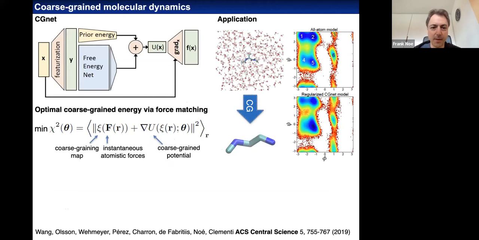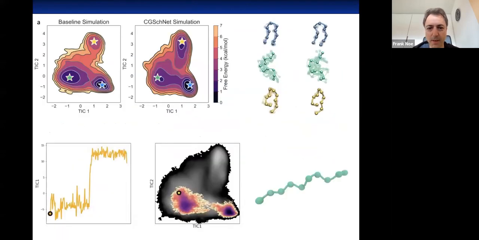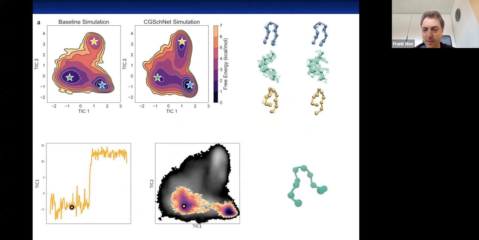This can be done for simple systems like alanine dipeptide, and we can generate a quite accurate potential of mean force. We can also do this for things like chignolin and show that chignolin can be folded in this coarse-grained force field.